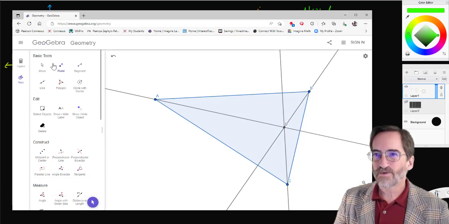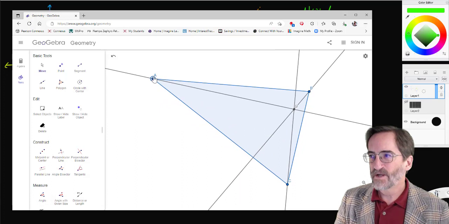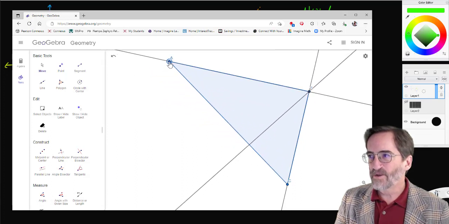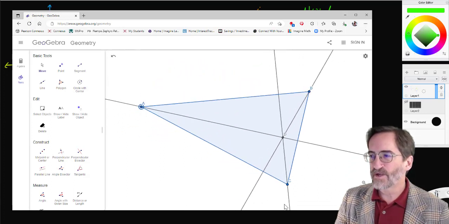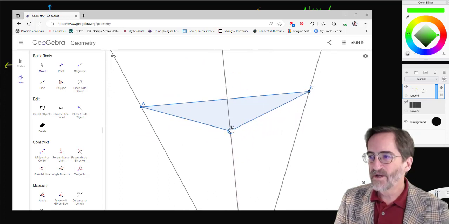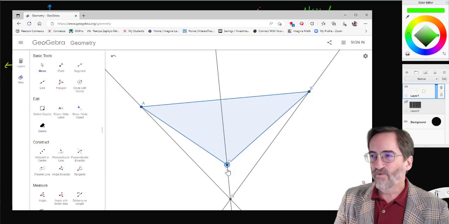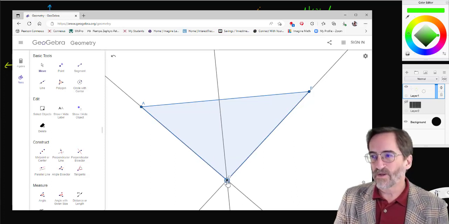All right, so let's grab the move tool and see if we can figure out what the orthocenter does. Now, the orthocenter looks like it's actually on the angle here and outside the triangle here. So now the orthocenter can be inside, on, or outside the triangle. Now, for the circumcenter, that happened when it was on the triangle when there was a right angle.